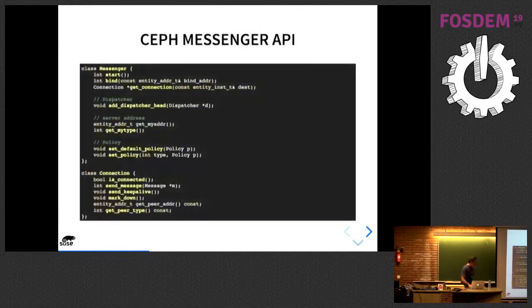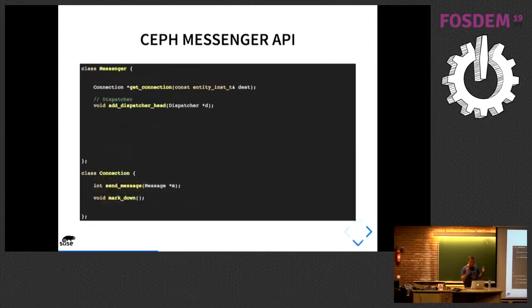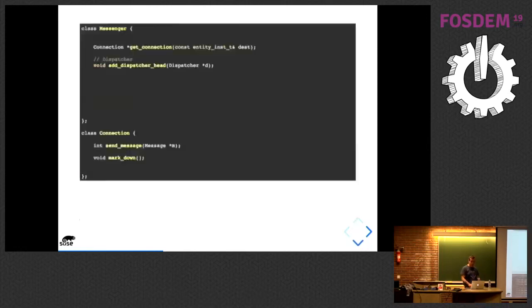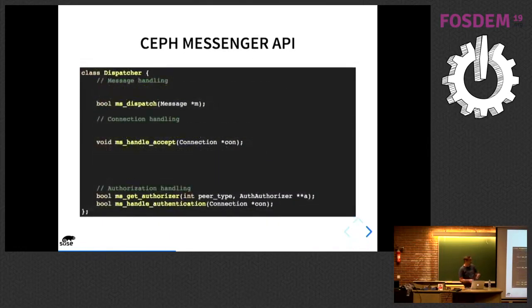Okay, so the API is very extensive, but we can focus only on what's important. The programming model for the applications that use this small library is that they connect to another peer by giving an address, and you receive the connection. So very simple. And then you can use this connection to send a message, and you can also tear down the connection. You can also register a dispatcher where you can implement some callbacks that you need to receive messages.